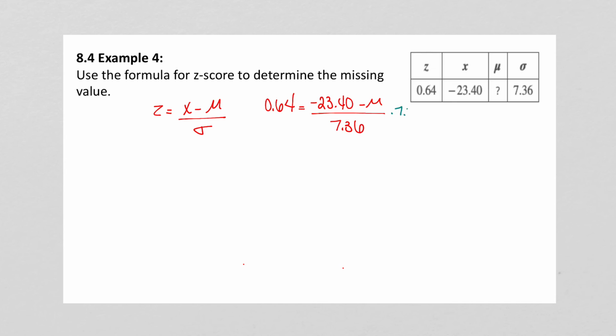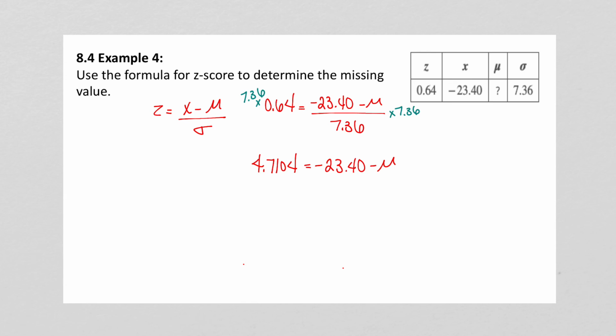Multiply both sides by 7.36. We have 4.7104 equals negative 23.40 minus mu.